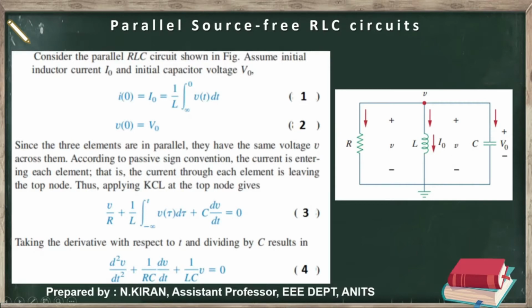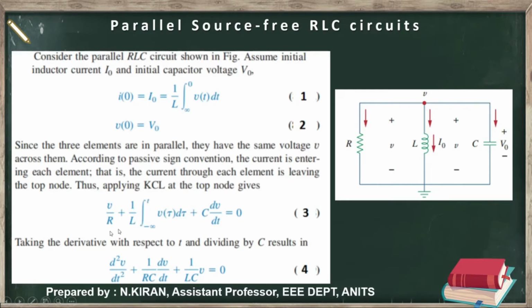Now applying KCL at this node, where we have assumed the voltage to be V, we will get V by R plus 1 by L integral V dt plus C into dV by dt, because the current flowing through the resistor is V by R, the current flowing through the inductor is 1 by L integral V dt, and the current flowing through the capacitor is C into dV by dt, assuming all currents are leaving the node.